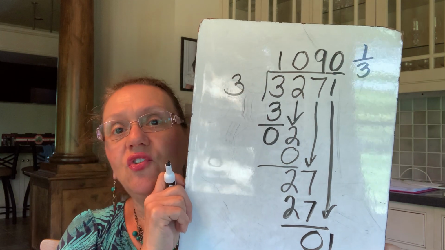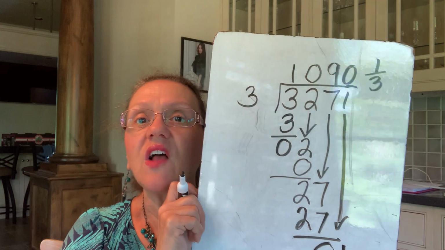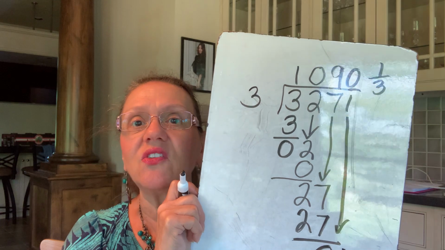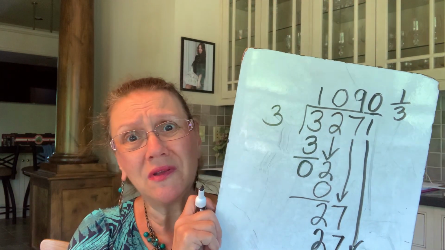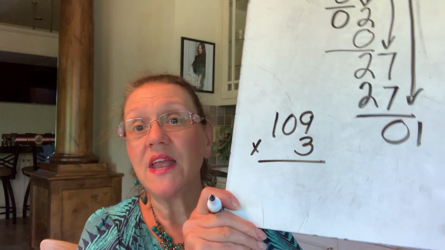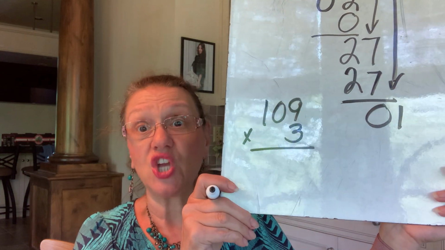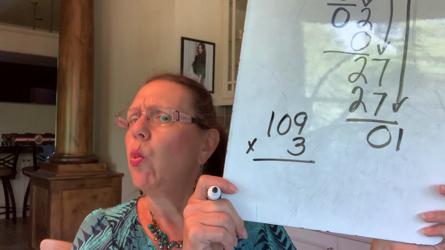Now, a lot of students will just say, well, it's 109, and they forget to put that last 0. Well, fair enough. We all make mistakes, no problem. But then, when you go to check your quotient, let's say I made that mistake, and I'm now going to check my quotient. Well, wait a minute.